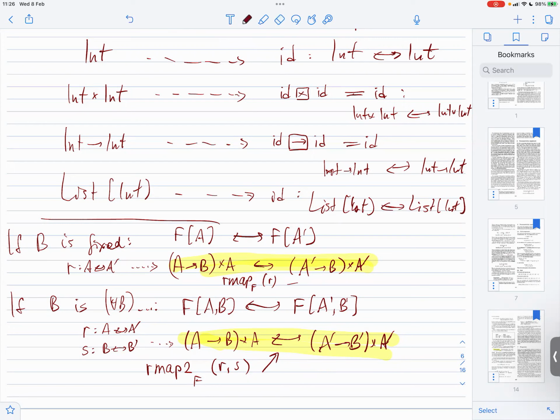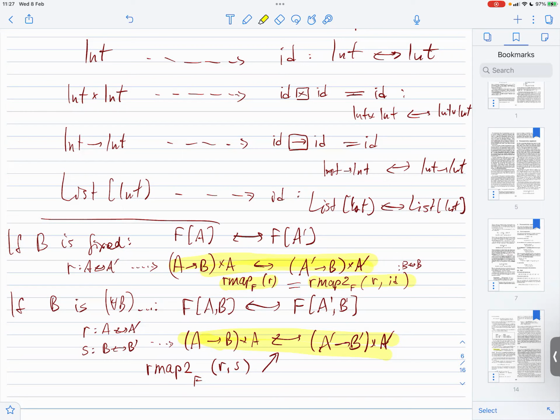This R map is actually the same as R map 2 of R and identity, identity of type B to B. So you have to prove that lifting of two relations at the same time has this property, that if you fix one of the type parameters, it's the same as lifting an identity relation.